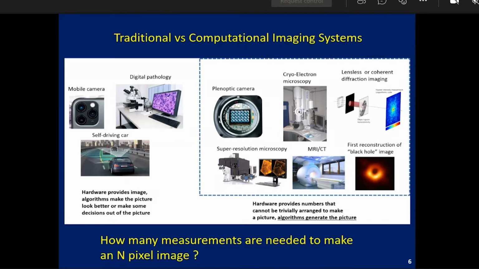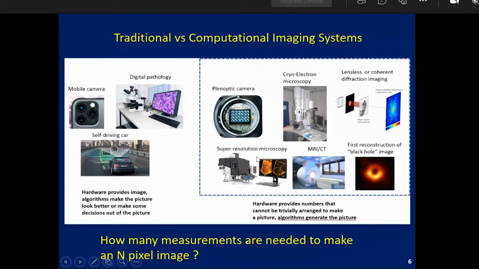Where the imaging research as such is going is what is shown on the right-hand side. These are very interesting systems. The first one I will talk about a little bit later. This is known as plenoptic camera. Then cryo-electron microscopy, or lensless imaging, or super resolution imaging, where you actually beat the diffraction limit.